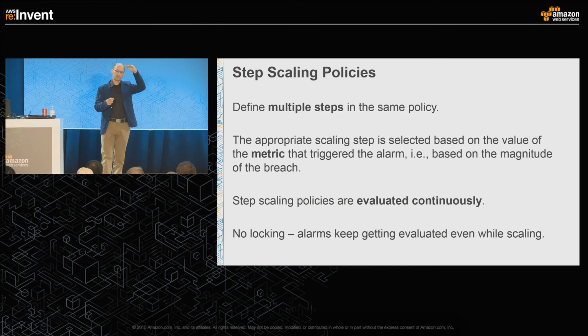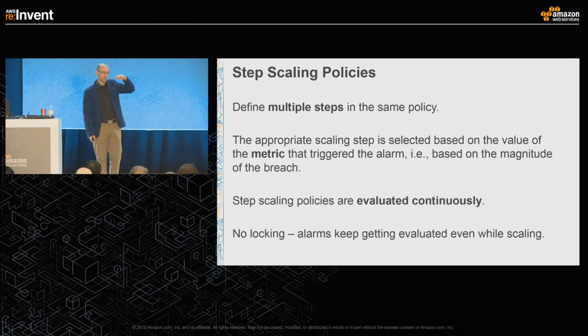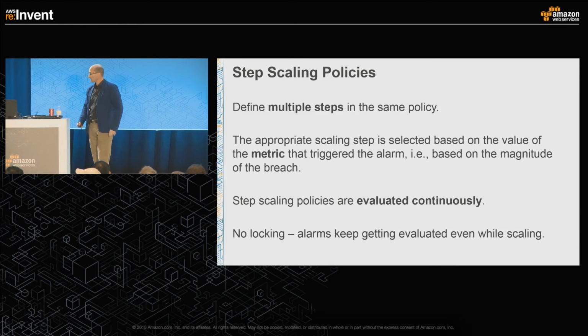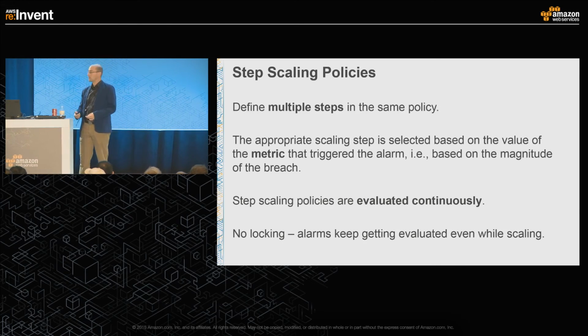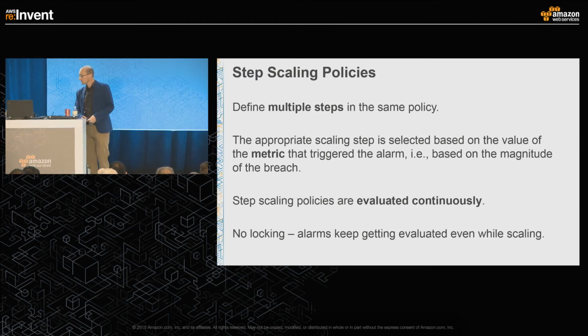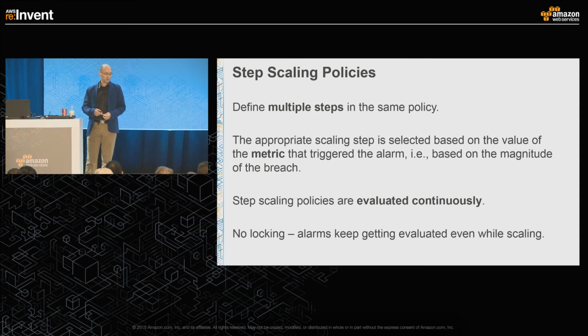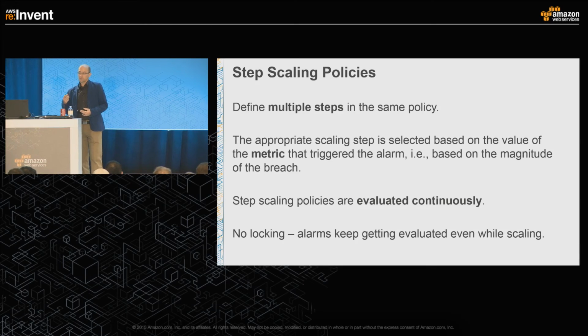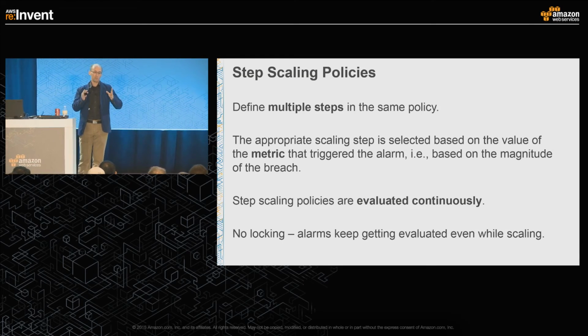Maybe then another rule would kick in and start adding much more capacity so that I can anticipate that growth and I don't run the risk that my capacity comes online too late. And since it doesn't lock, additional alarms can fire at the same time, which means that now you also have the opportunity to use additional metrics for your scaling policies as well, because they no longer will block each other out.